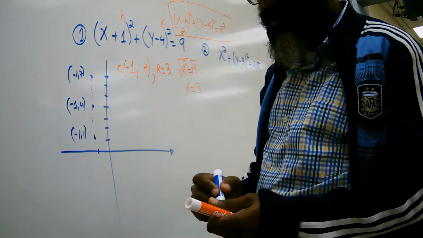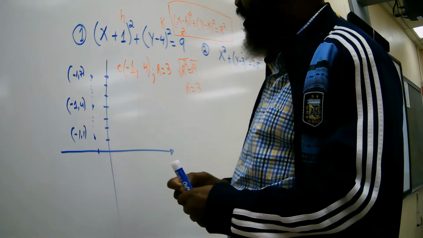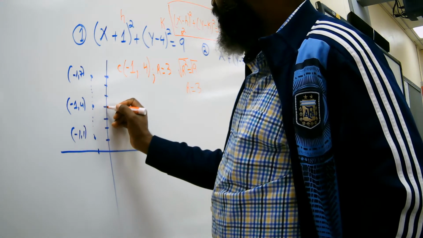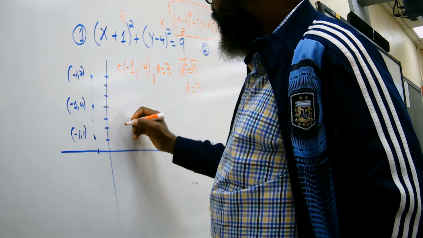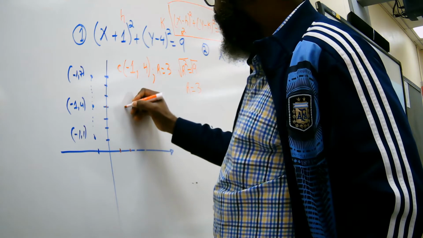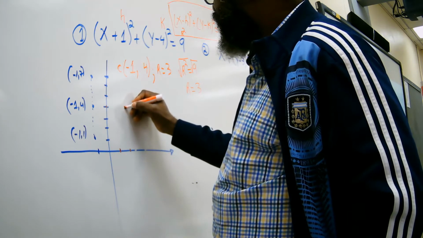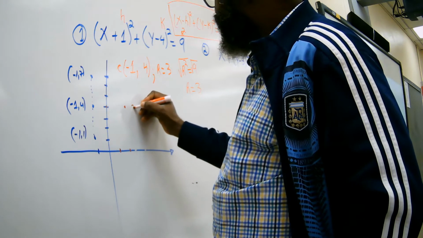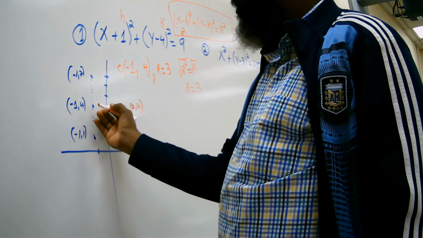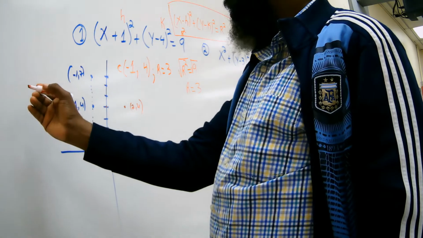Which is 6 units. The other option, I will have to go 3 units to the right, right? That will be 1 unit, 2 units, 3 units. I will be here at (2, 4). The other option, I can go 3 units to the left.